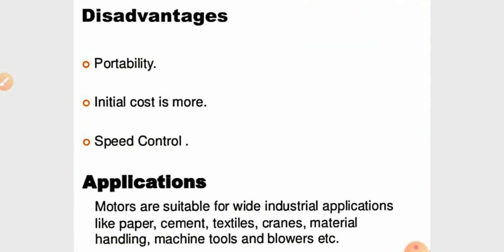Disadvantages. The first disadvantage is portability. Portability means the ability to be easily carried or moved. Here the initial cost is more as compared to other motors, and there are some problems in the speed controlling of the motor.